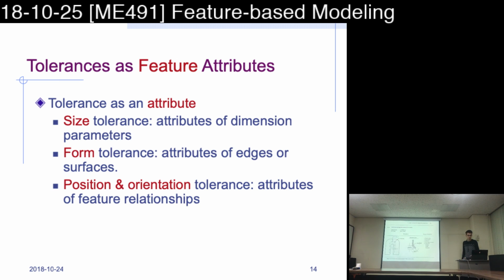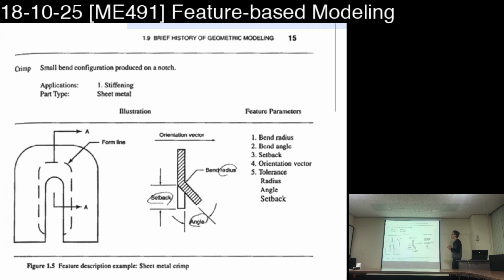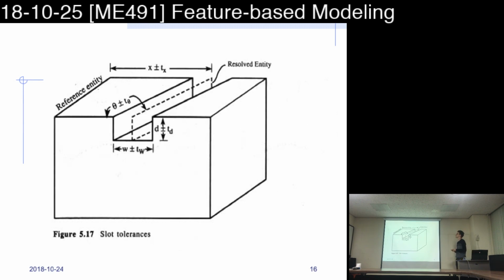So, for example, if you have a feature that's this sheet metal crimp, we may want to specify tolerances on what's important. So the bend radius, the setback, the angle. So we may have this tolerances package with this feature. And another example, for slot, we may want also tolerances that's specific to this feature, like what's interesting for us.